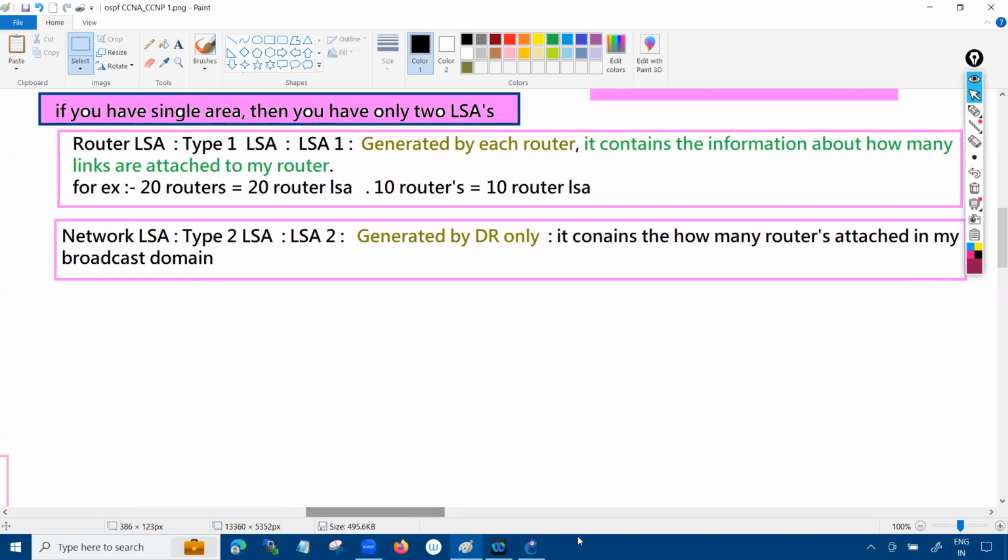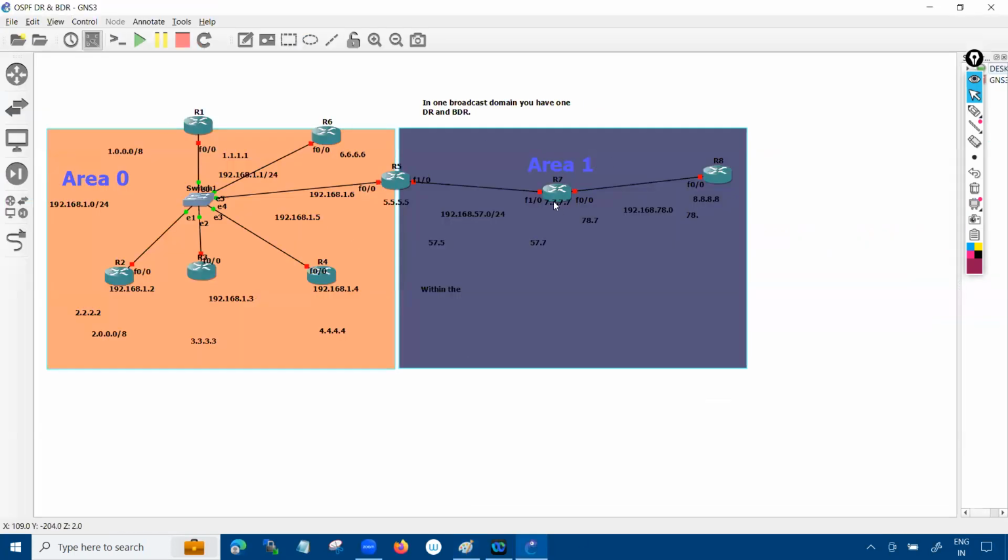The third type of LSA that we have right now, oh man, my diagram is a little weird.